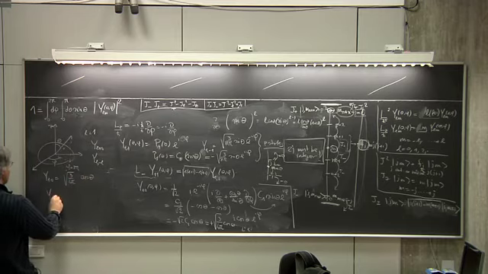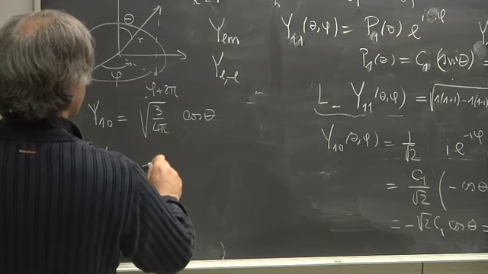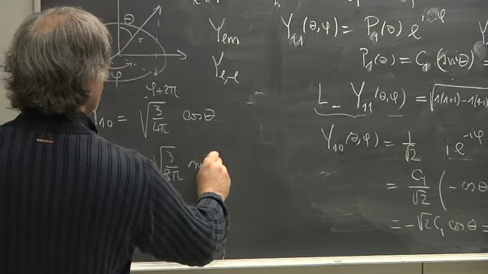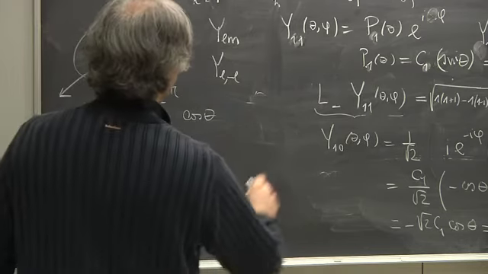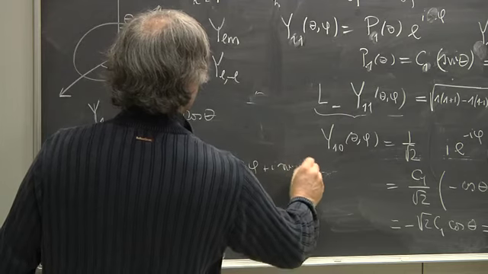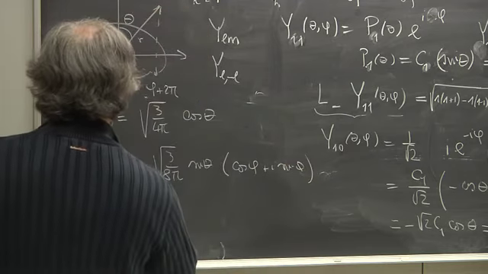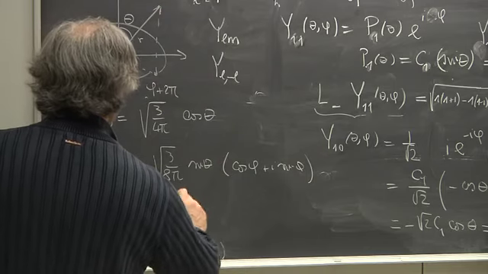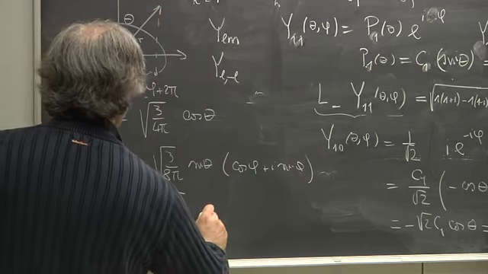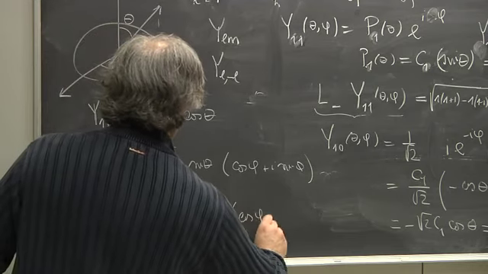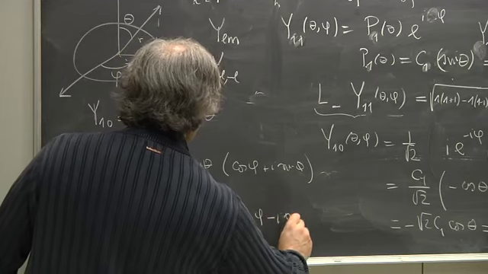Then Y_1,1 is minus square root of 3 over 8 pi, the sine of theta, e^(iφ), which is cos phi plus i sine phi. And Y_1,-1 is square root of 3 over 8 pi sine theta (cos phi minus i sine phi).